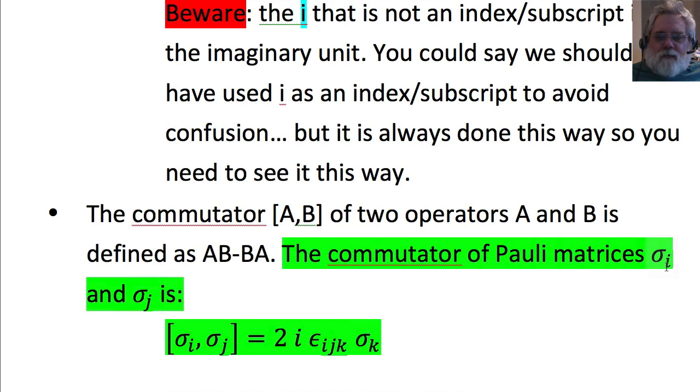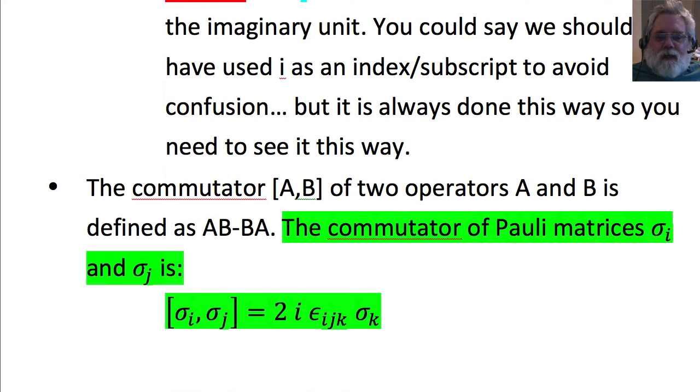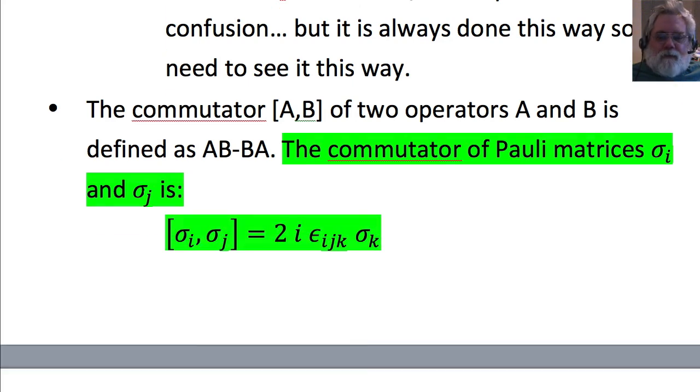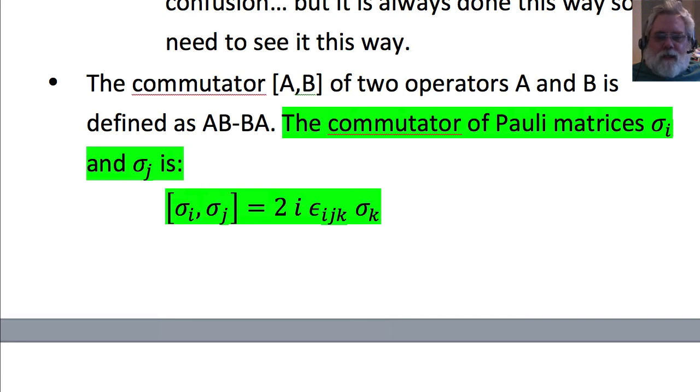The commutator of Pauli matrices sigma i and sigma j, using the work we've already done, the commutator of sigma i with sigma j is 2i epsilon ijk sigma k. So we don't have to write out 6 commutators. That one formula tells us how to do the 6 commutators. We just have to remember how to do the epsilon.